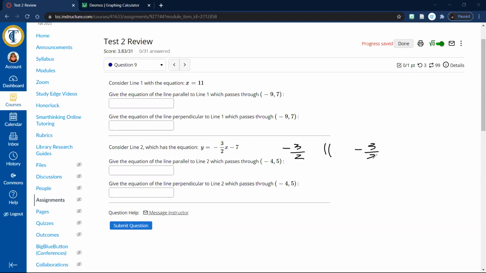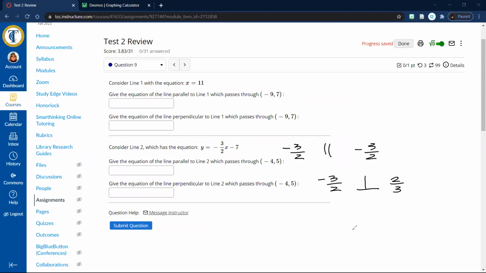And if I have a -3/2 slope, what's my perpendicular slope to it? 2/3. Yeah, just remember, if it's parallel, it's the same exact thing. If it's perpendicular, it's the opposite reciprocal. So you're going to flip it and change the sign.